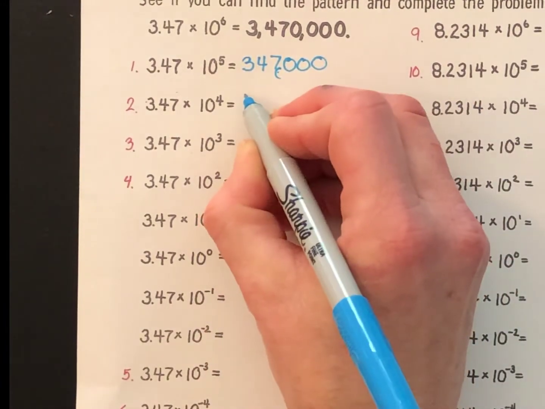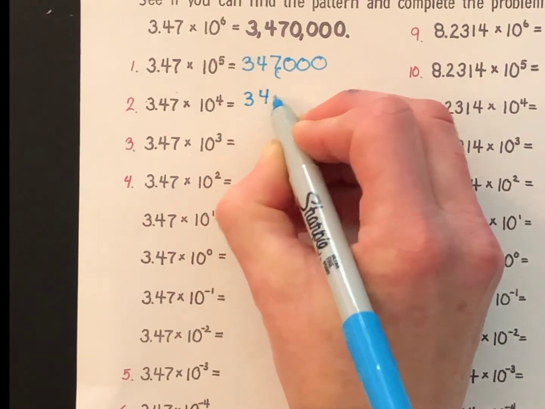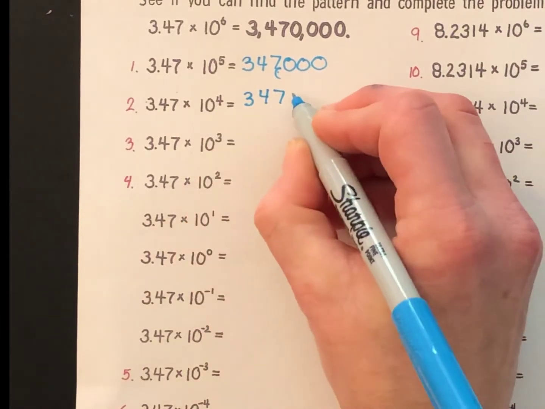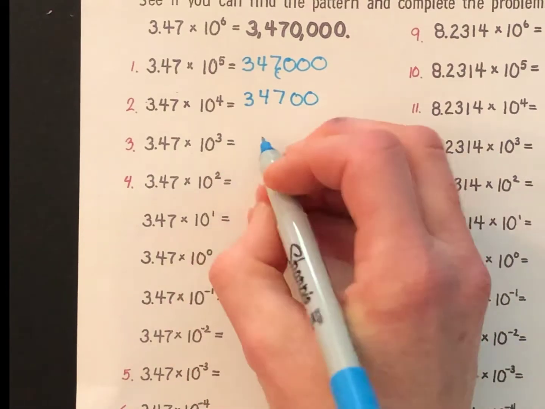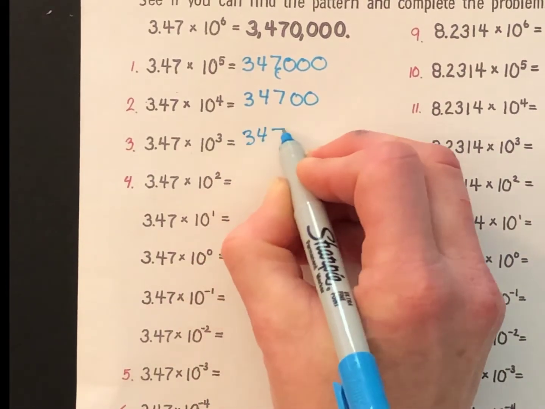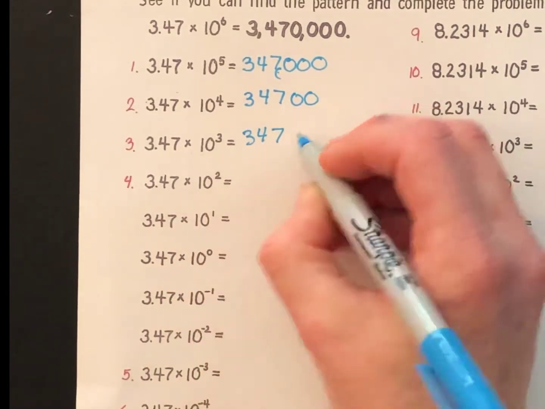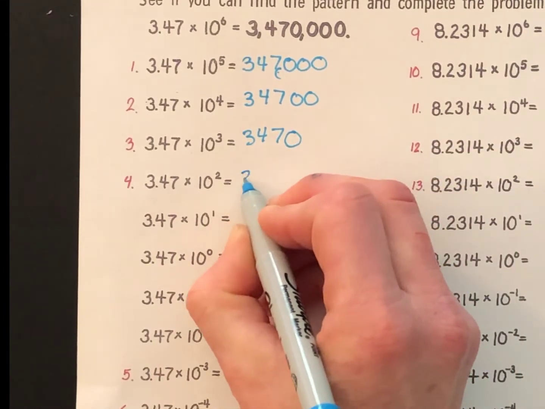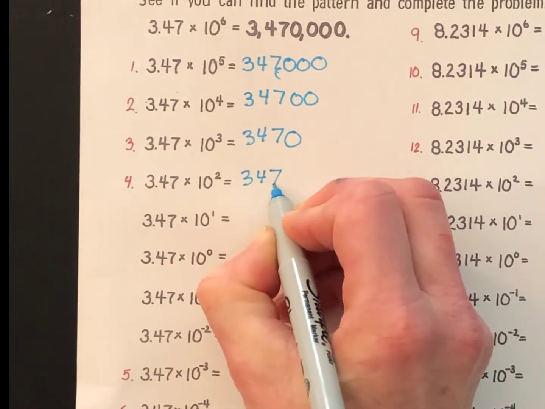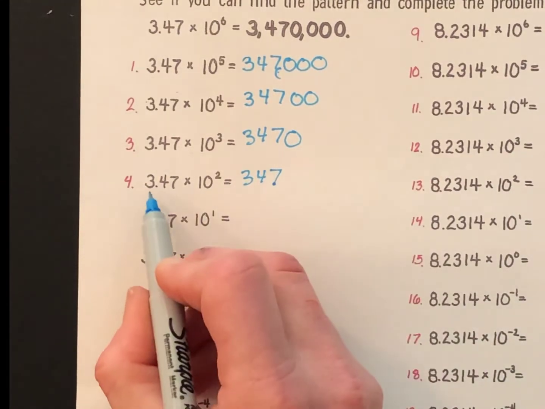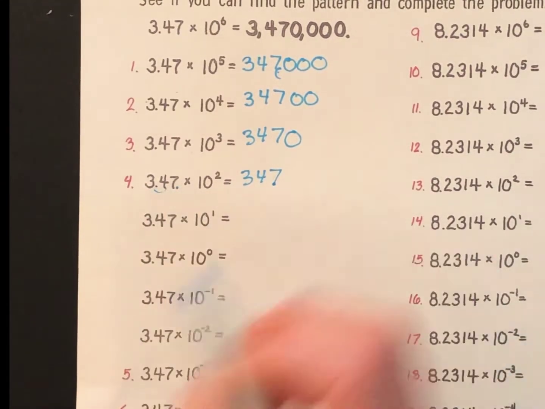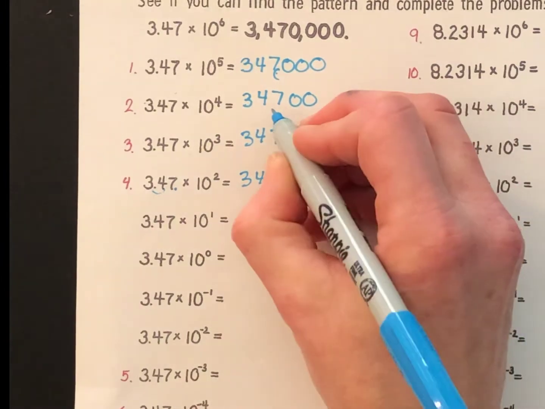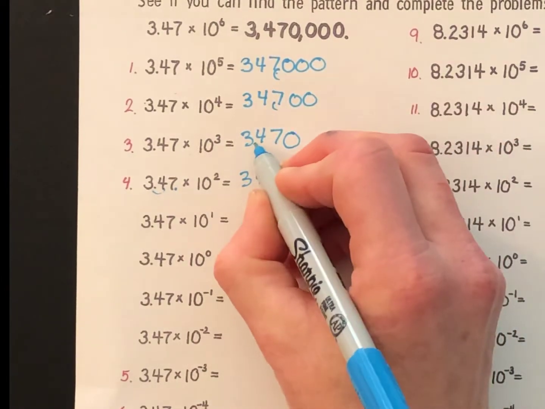So I can just go ahead and do these. That's going to be 2 zeros. That's going to be 1 zero. No zeros, because when I move it over 2 places, I'm left with just 347. Let me go back and do my commas.